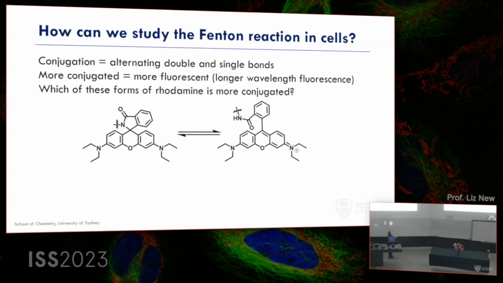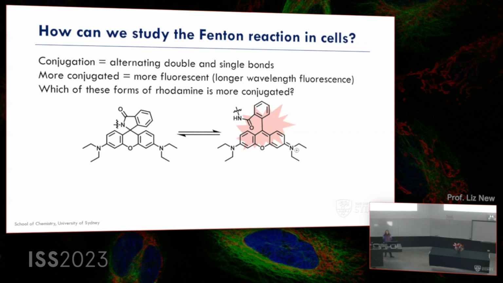We don't have another double bond next here. Whereas here we can go all the way through the molecule and we have alternating double and single bonds all the way through. So this ring open form is fluorescent and the ring closed form is non-fluorescent. And so we can use this to build a sensor, because if we can build it so that whatever we want to study causes this ring opening, then we go from a fluorescence off state to a fluorescence on state.